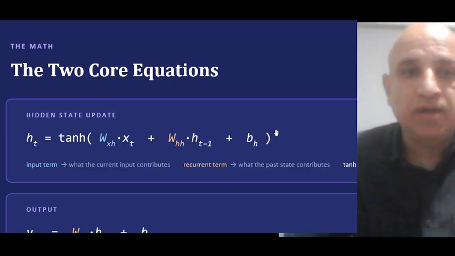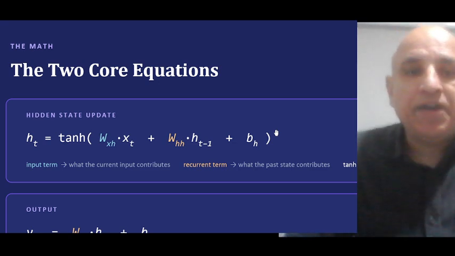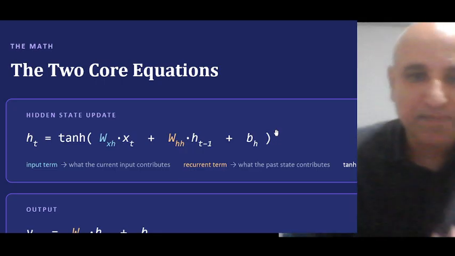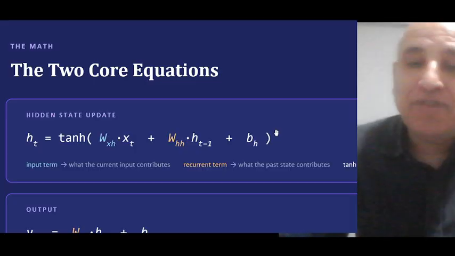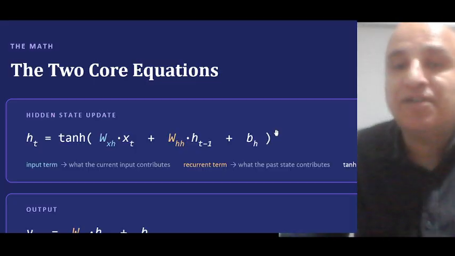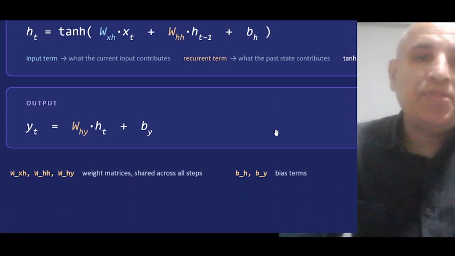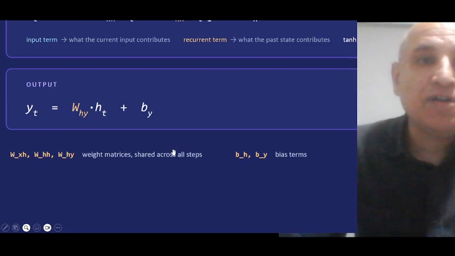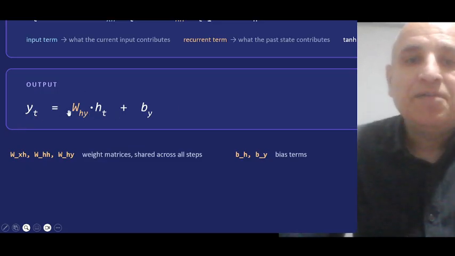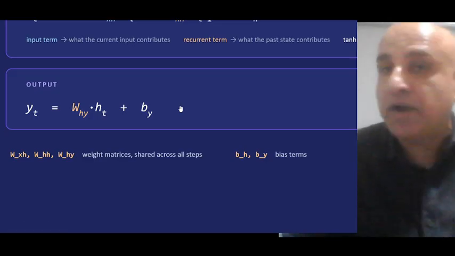If you want to find a hidden state, you need the x value for that state, t, and you need the previous hidden state, h t minus 1, right? That hidden state will be used to predict the target variable yt using the equation weight times hidden state plus bias, right?